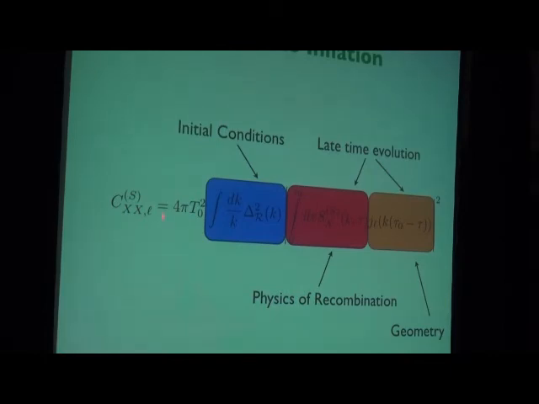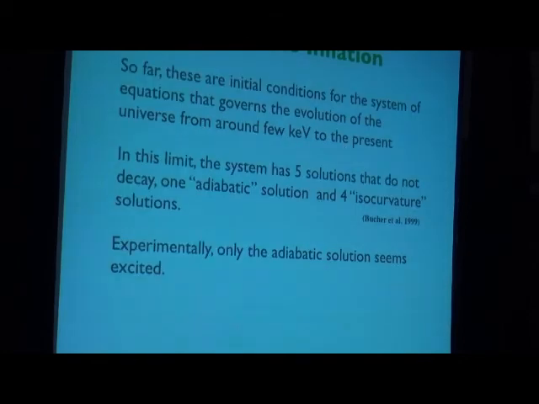If you look at the way the angular power spectra look, this was the delta sub l. I'm just writing it out in a little bit more detail. There's a spherical Bessel function in there. But then you see that there is a part that is given by the late time evolution, and then there's a part that's set by the initial conditions. This was the R sub q that I just told you about. But these are initial conditions naively at below 10 to the 9 Kelvin.